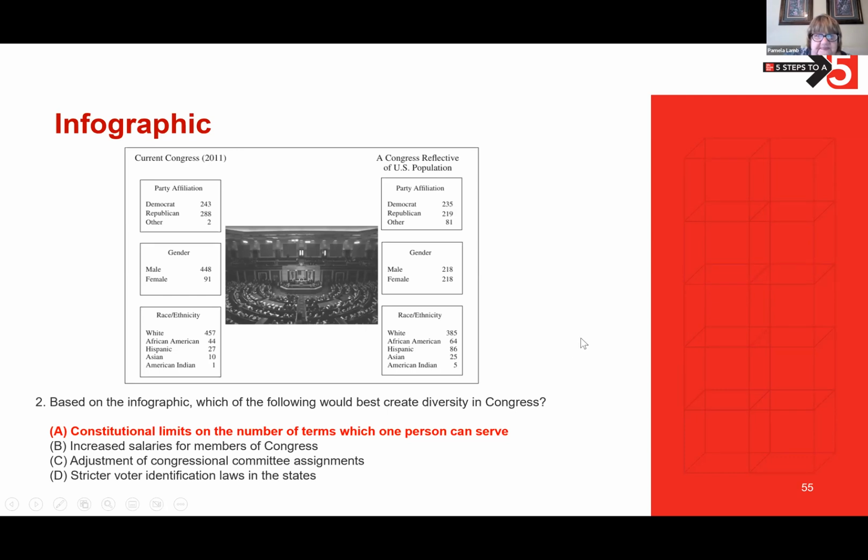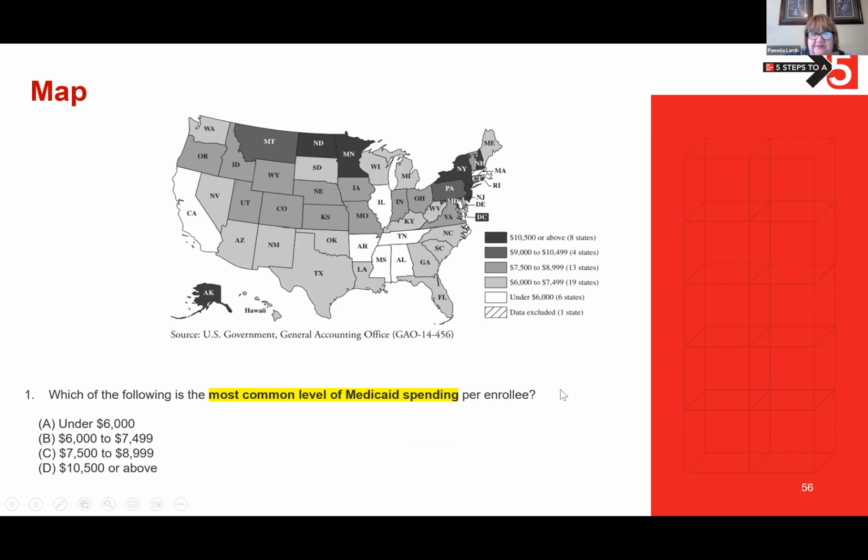Very good. And then there will be a map. This is a map of Medicaid spending and which is the most common level. So you just have to look at the different levels and try to pick out which states seem to have the most of the same color. There's none that I see, one that I see data excluded, so we don't need that. The 10,500 or above would be the states in the dark black.